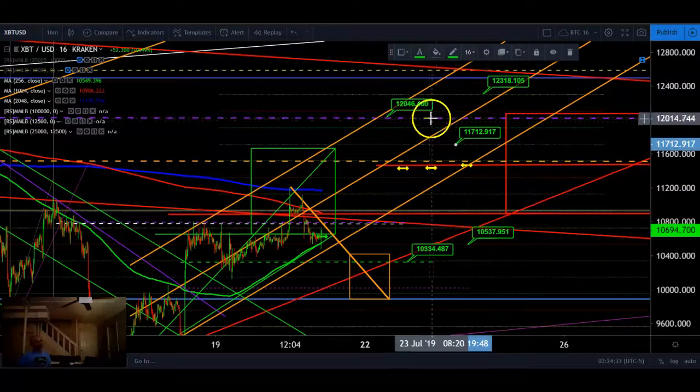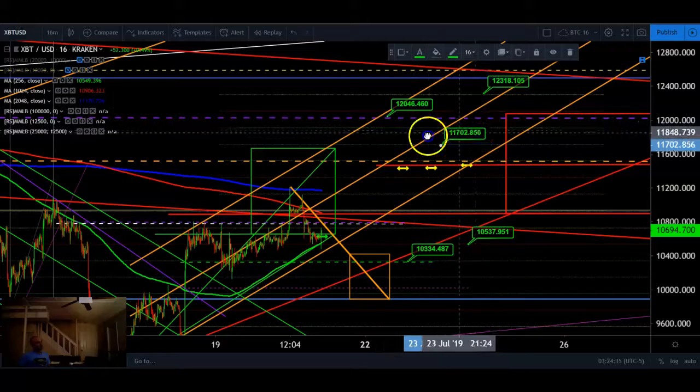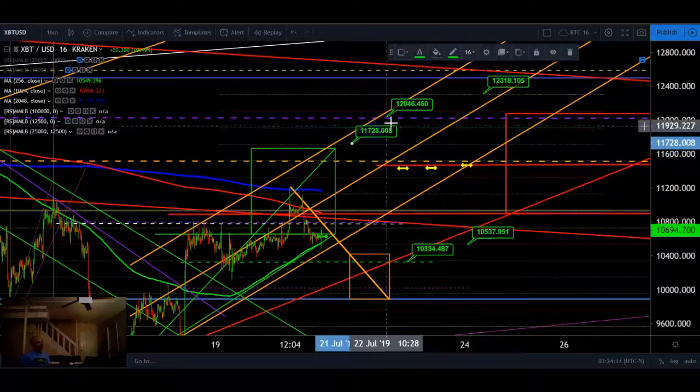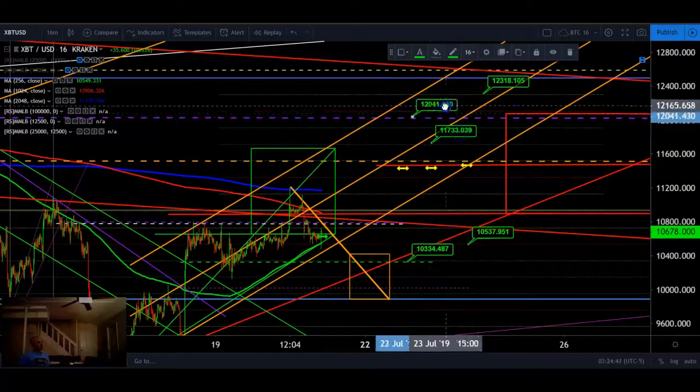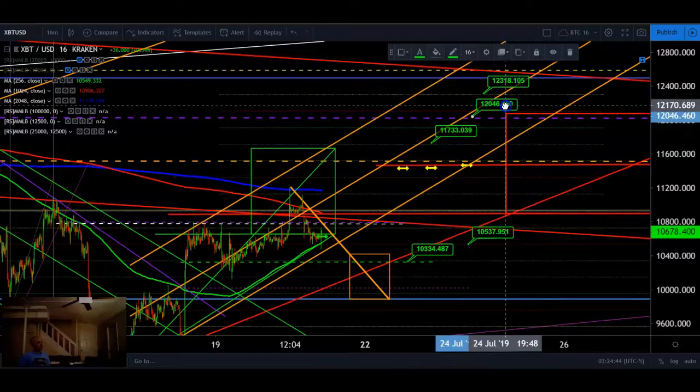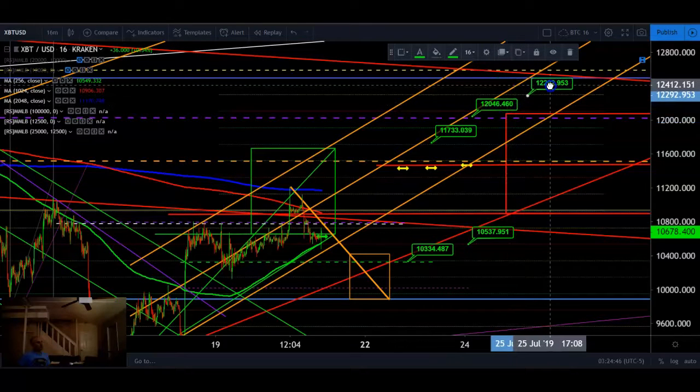So be selling all into this. Let's kind of try to set these in some kind of logical possible timing type order.